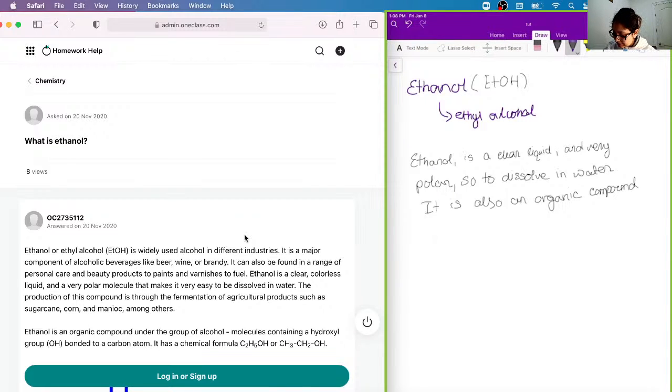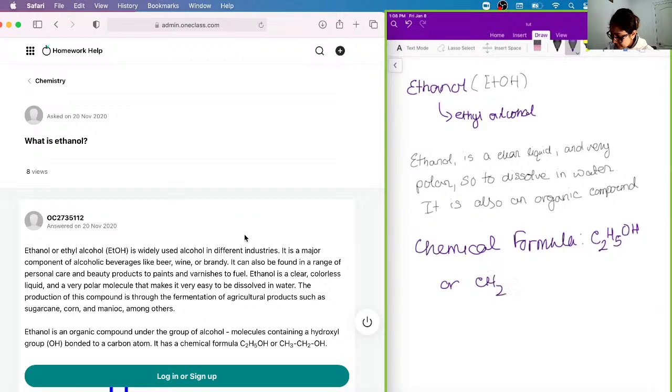So basically, the chemical formula is going to be C2H5OH.